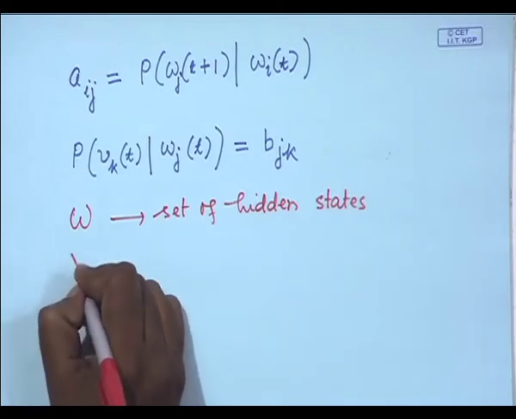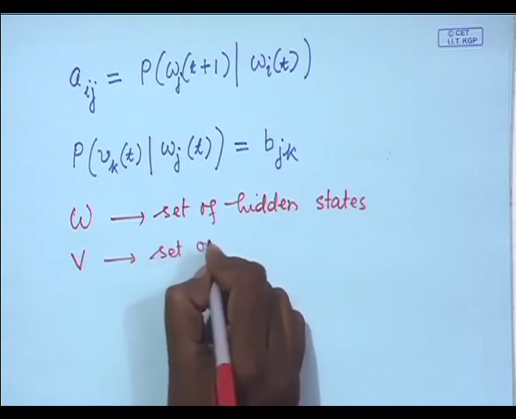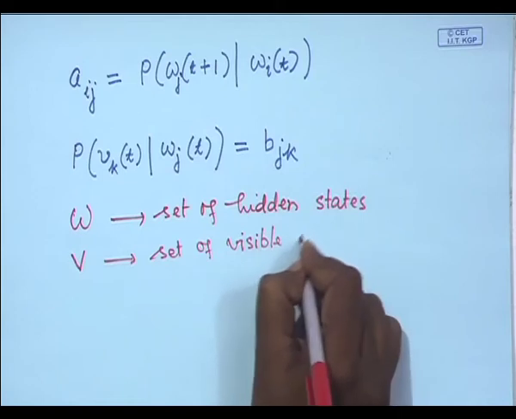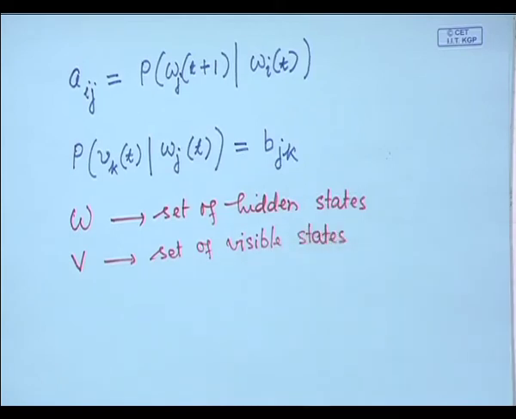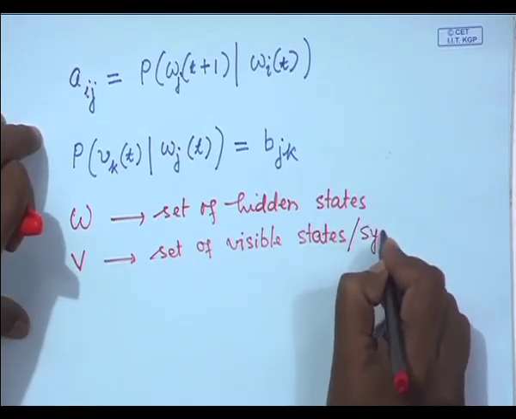I have to have a set V, which is the set of visible states or visible symbols.